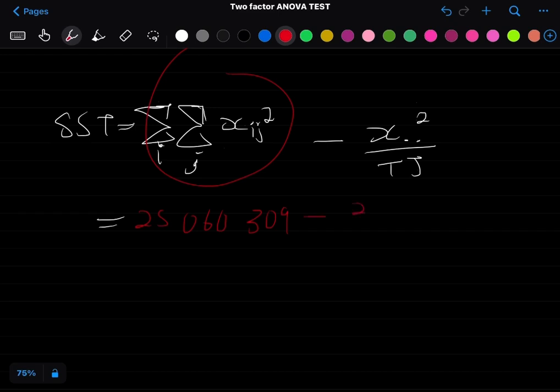minus 21,435 squared. This is ij times 5.